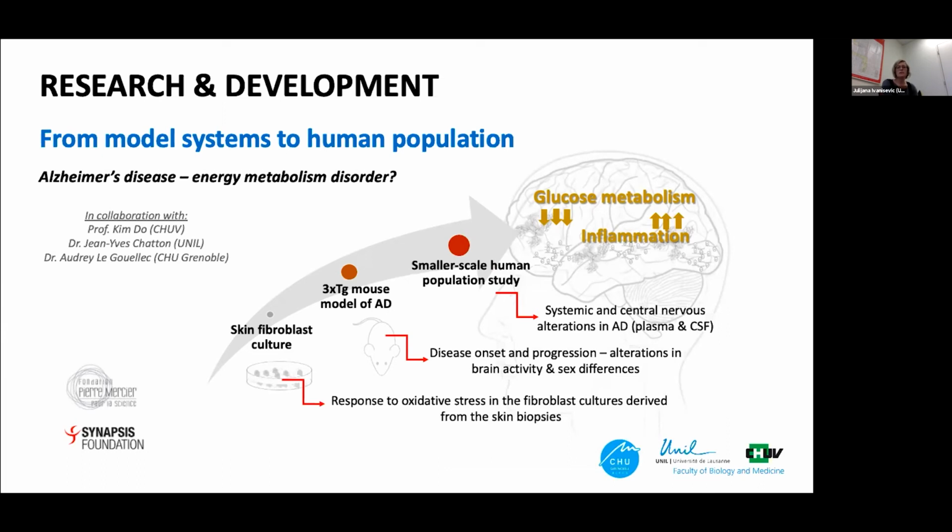And this is at the moment done at several different levels, from skin fibroblast analysis to the analysis of mouse brain tissue, and then CSF and plasma analysis in the context of human population. So we are working on two specific patient populations here in Lausanne, and in collaboration with clinicians from the hospital in Grenoble.